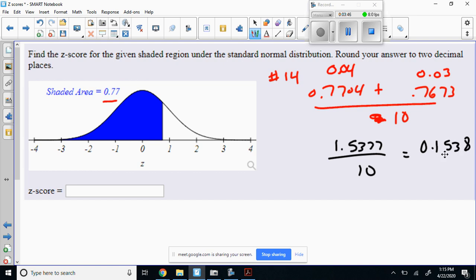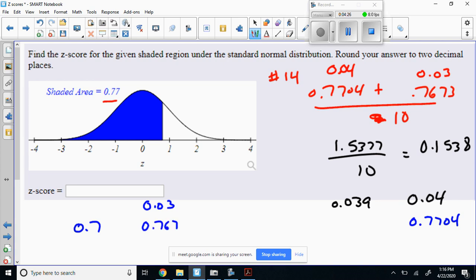Right? So if I was to go, let's see, we know that this one happens to be on the 0.7 scale, right? It happens to be 0.7704, right? If we were to back up to get what this one is, 0.03 is 0.7673.